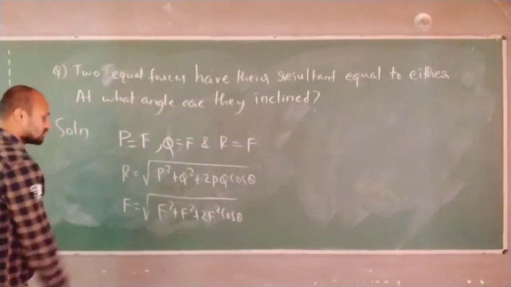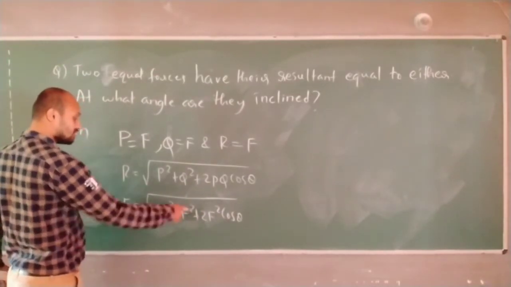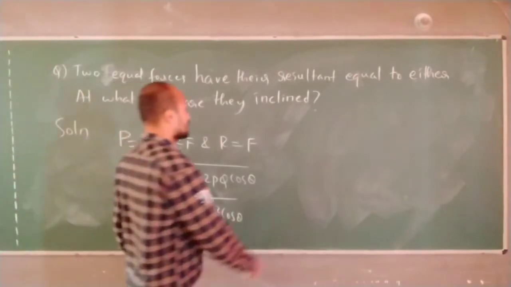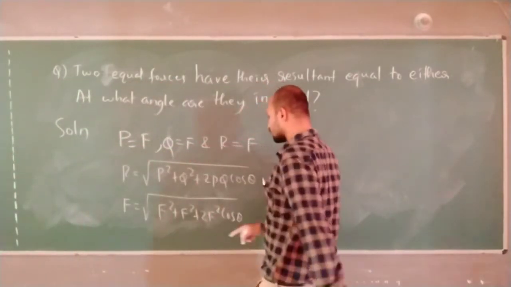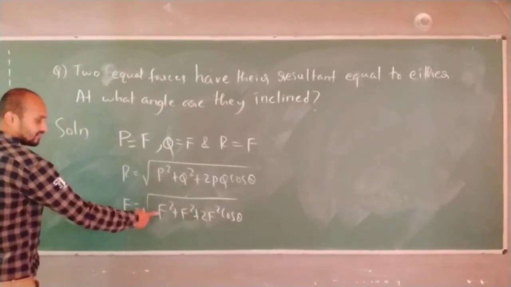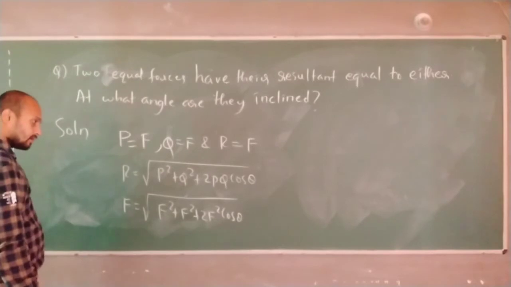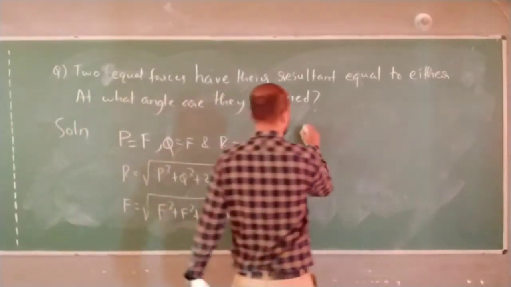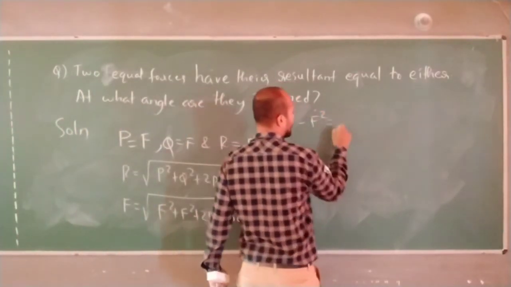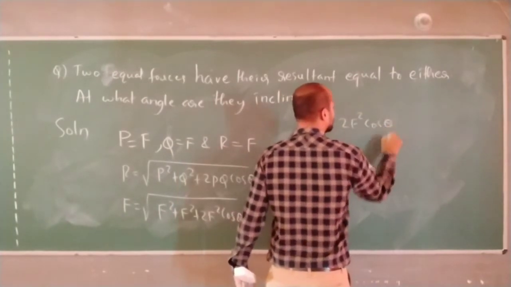I will take the root this side, this becomes F square, this F square gets cancelled. So you will get from this, minus F square will be equal to 2F square cos theta.